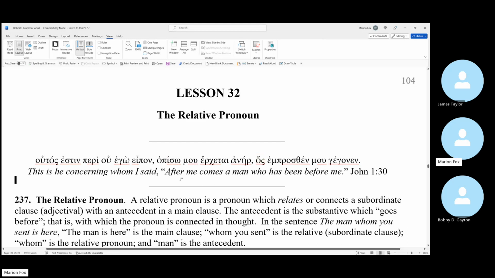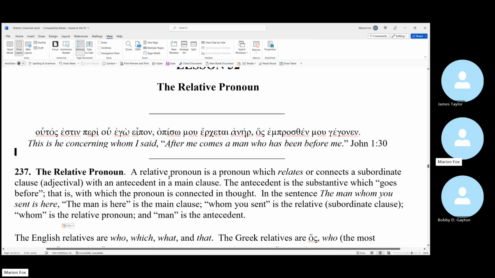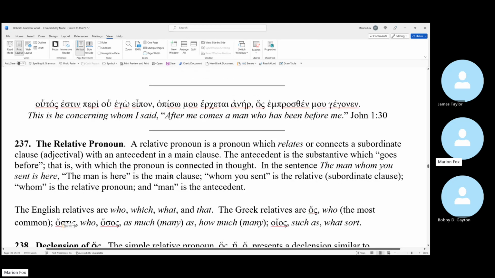Now, the relative pronoun is a pronoun that relates or connects a subordinate clause, and it's used as an adjective with an antecedent in the main clause. Now, some pronouns take postcedents, and that would be generally the ones related to commandments.